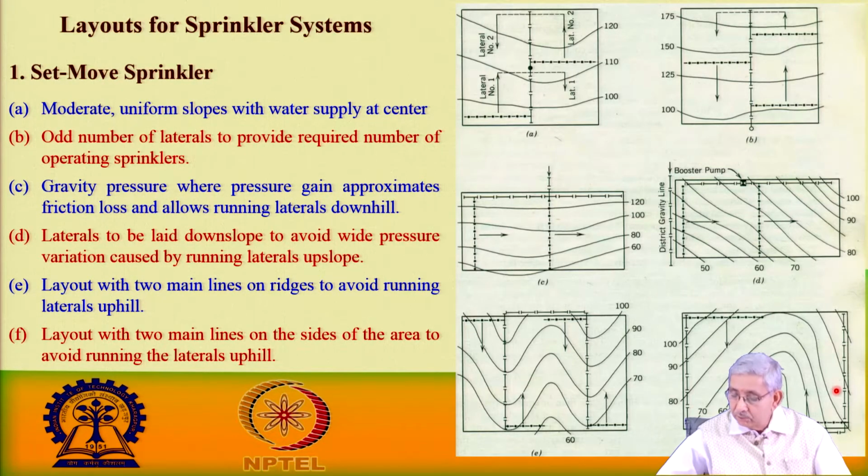We may have to spend more on the length of the main pipeline, which is normally large, but we can get water with lower pressure when we place the main pipeline on the side of the field, and then the laterals are allowed to run in this manner. This is one lateral, this is another lateral, and then the movement is taken. You can see the movement of this lateral is taken in this direction, and this lateral will be moved in this direction.